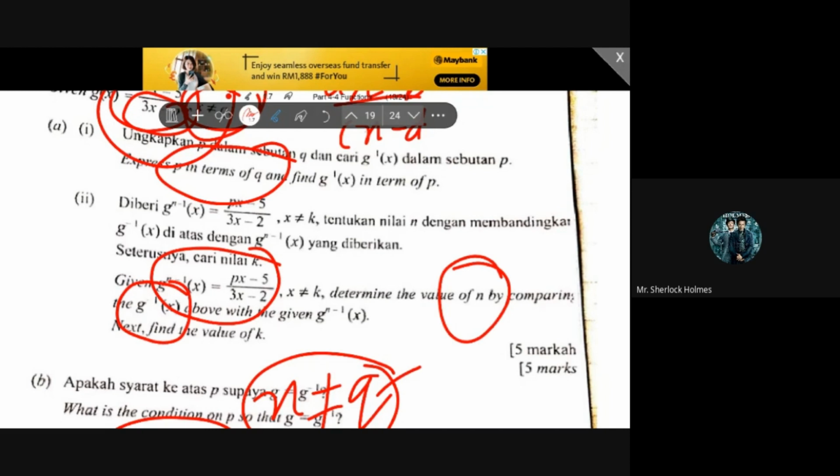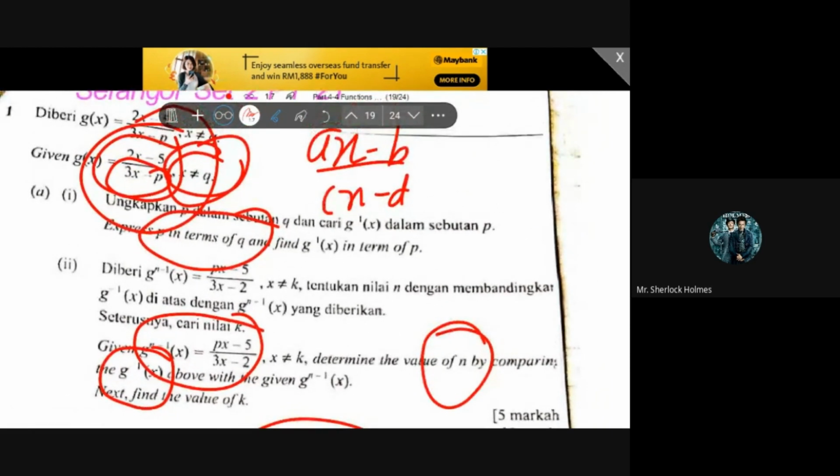Siapa boleh bagi tahu nilai n dia? This one actually related to your indices chapter, bahagian bab index dalam maths kamu, kalau kamu dah belajar. What is your n value over here? They said G n inverse you must compare with G inverse. Anyone got the answer?